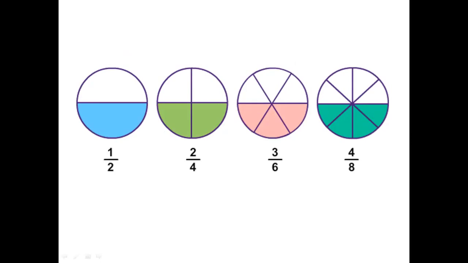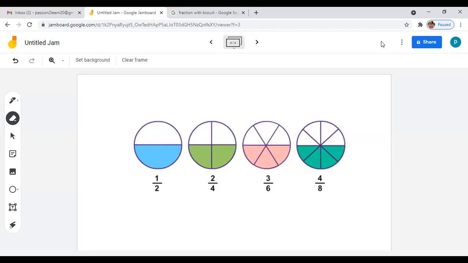What are these numbers? Can we look at them? All right. So here we are seeing 1, 2, 3, 4. So there are 4 examples. Let's take the first one. In this circle, we are seeing a line in between. So what does it mean? This circle has been divided into 2.